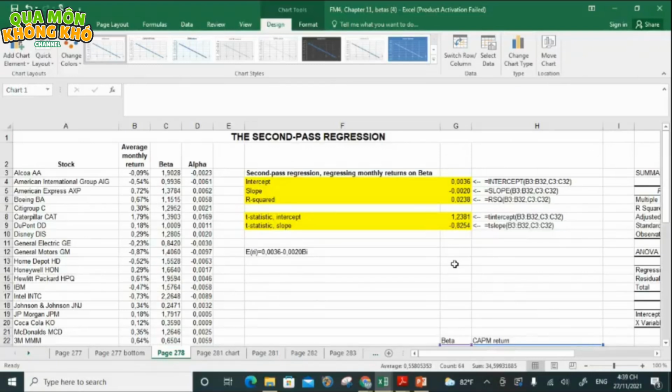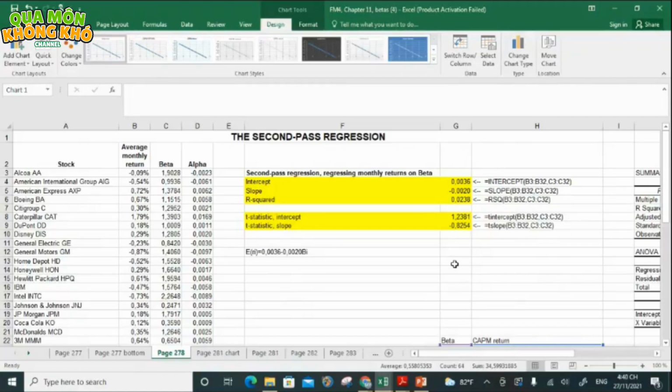The first reason is that when you calculate the beta from the first regression, there is not enough data to calibrate the precise beta of those stocks. The second reason is the market portfolio.